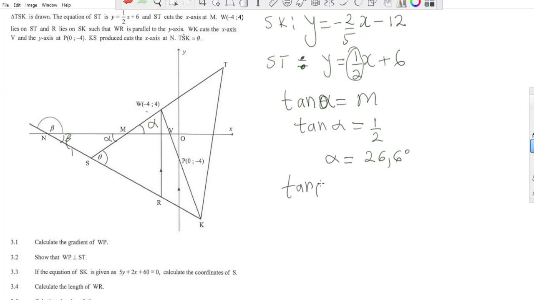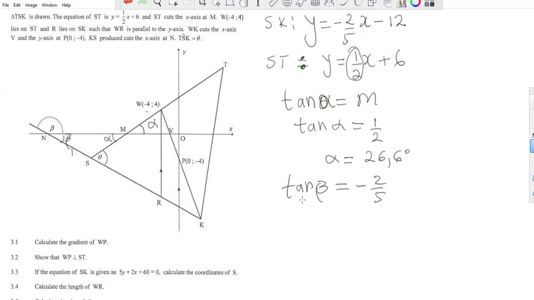Now there we go to tangent beta. Tangent beta will be equal to -2/5.